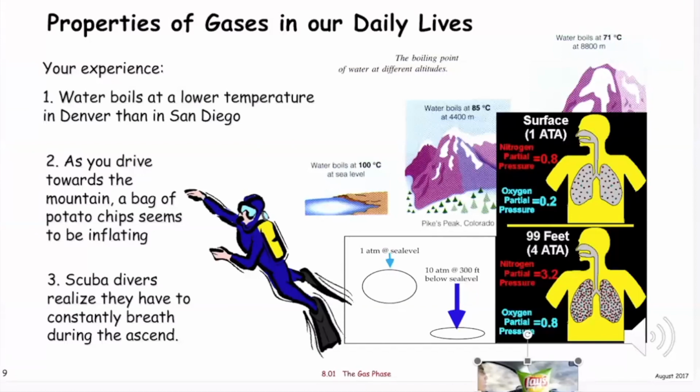Then there's the other problem, which is that the solubility of gas decreases with pressure. Okay, the solubility of gas decreases over pressure. So at 200 feet, oxygen and nitrogen will go into your blood. As you go up in elevation, that solubility decreases and the gas starts coming out of your blood. The problem with that is that it doesn't come out as nicely as if you were breathing in.